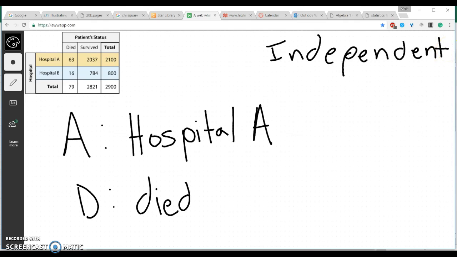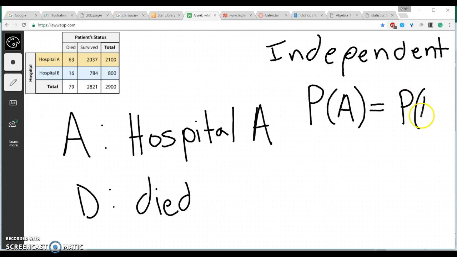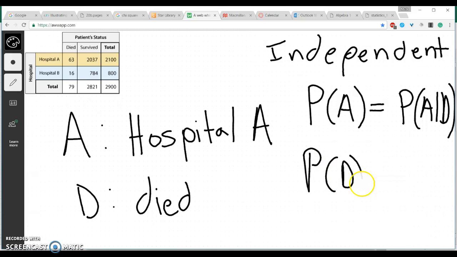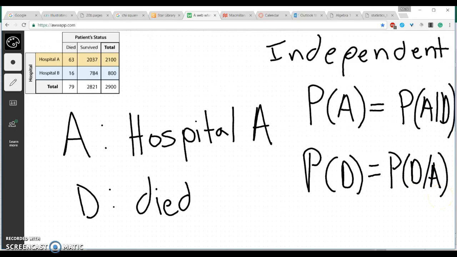Here's what it means if two events are independent. Two events are independent if the probability of one event is the same as the probability of that event given the other event is happening. So like the probability of A given D, or if you want to do this, the probability of D is equal to the probability of D given A. We're going to see what this given means in a second.